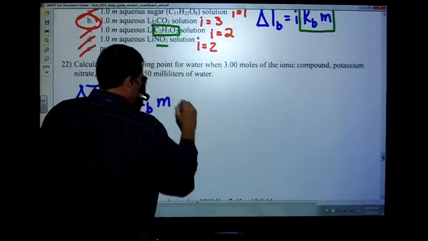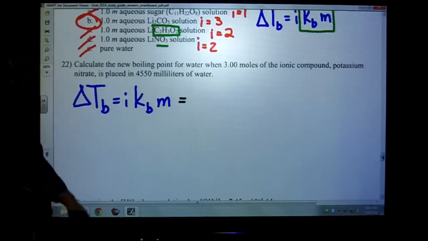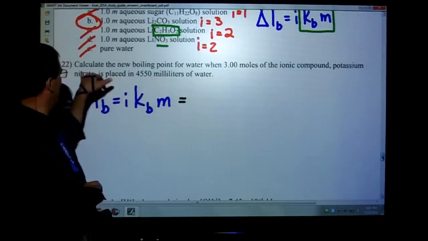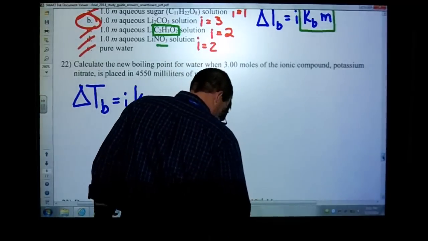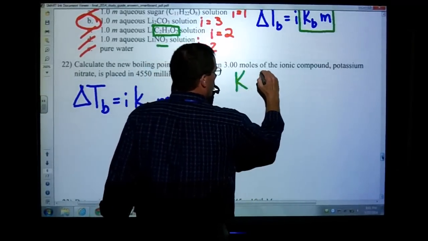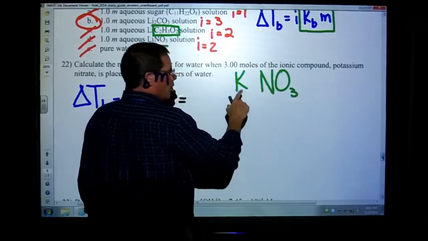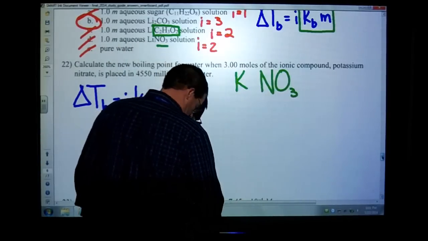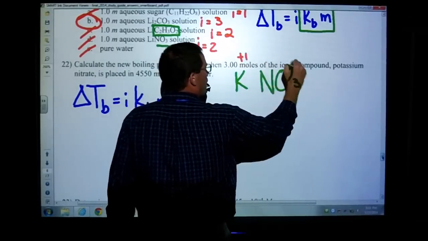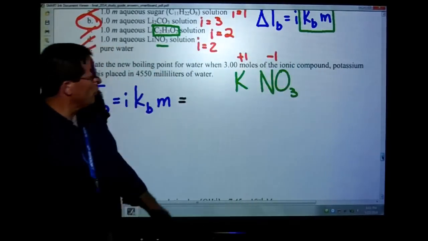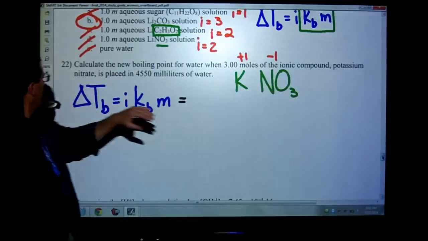First thing that we want to look at, we have an ionic compound, potassium nitrate. So let's go ahead and write that out. Potassium and nitrate, so KNO3. Potassium has a +1 charge, nitrate has a -1 charge. So in this case, we're balanced as written, potassium nitrate.